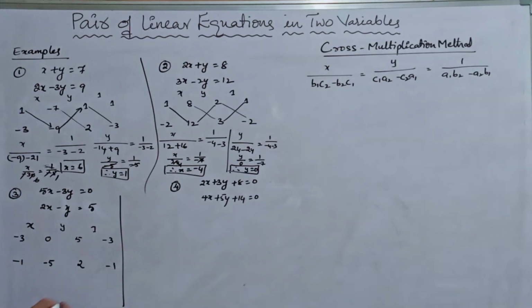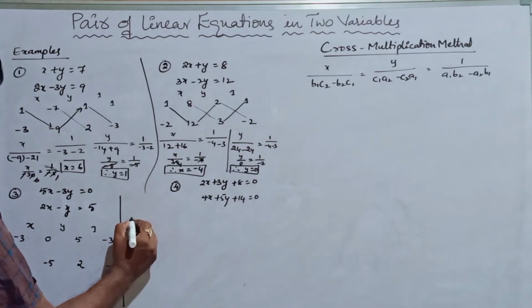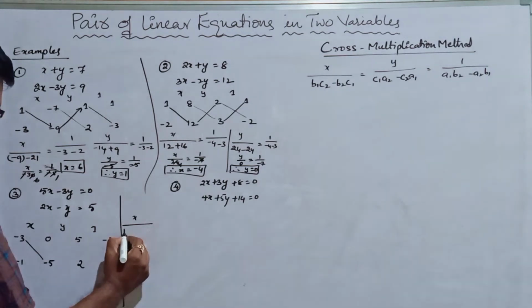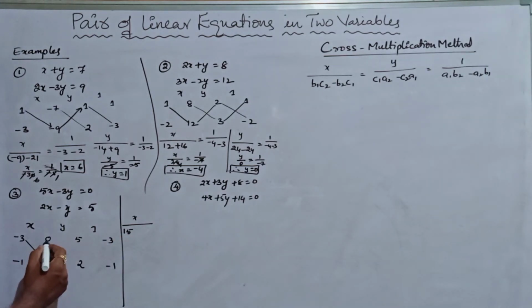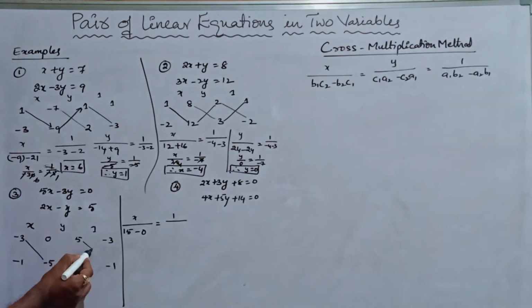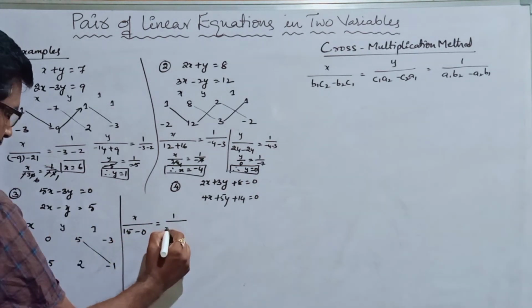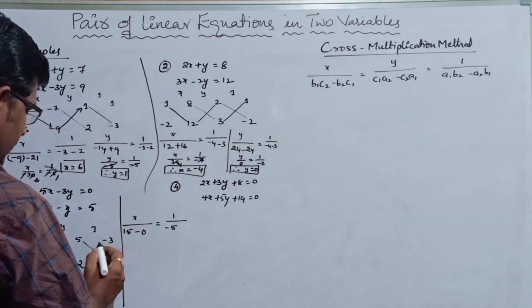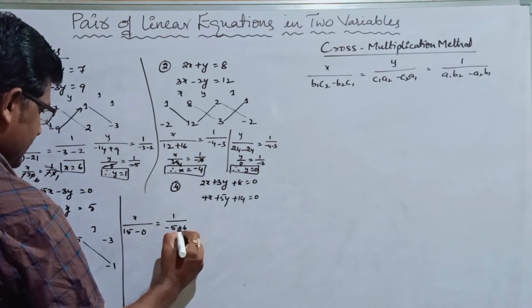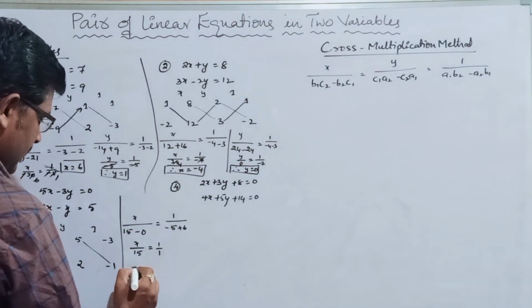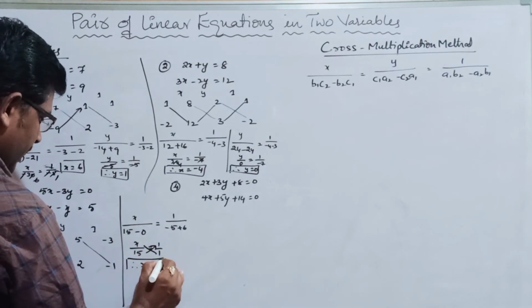So let us check. x by 5 3s are 15, minus into minus plus, minus 1 into 0, minus 0, is equals to 1 by 5 1s are 5, minus 5. Then minus into minus plus 3 2s are 6, plus 6. So x by 15, here 1 by 1, therefore cross multiplication x is equals to 15.